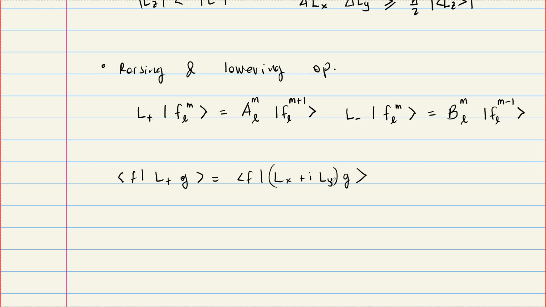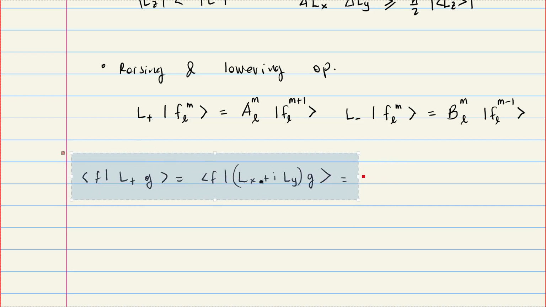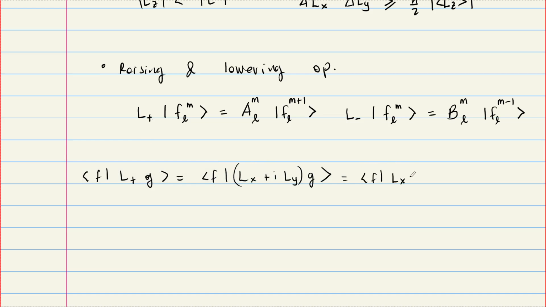This entire thing is acting on there, and this is going to be <f| Lx |g> plus i <f| Ly |g>. Now Lx is an observable, right? Observables are Hermitian, so I can carry this over, and Lx dagger is equal to Lx, and I can do exactly the same thing here.